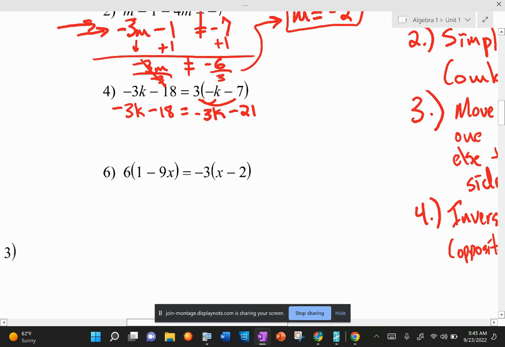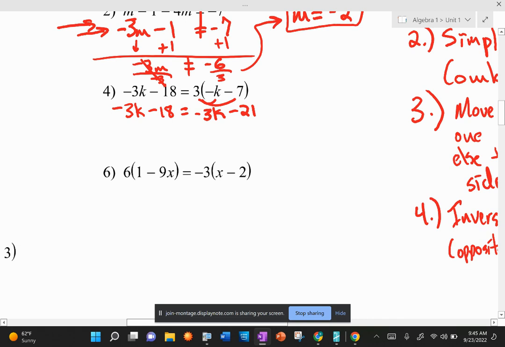Now we need to move. What's step number 3? So Gibran, what side do we want to start on, the left or the right? Okay. So we want to move the variables to one side. So do you want to move that negative 3k over to the right side? Okay, so let's do that.